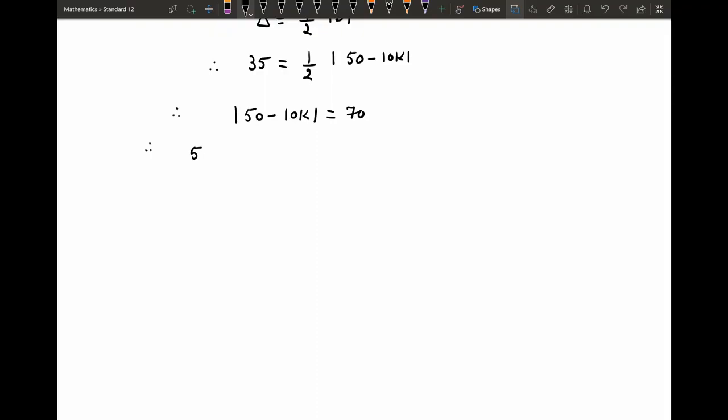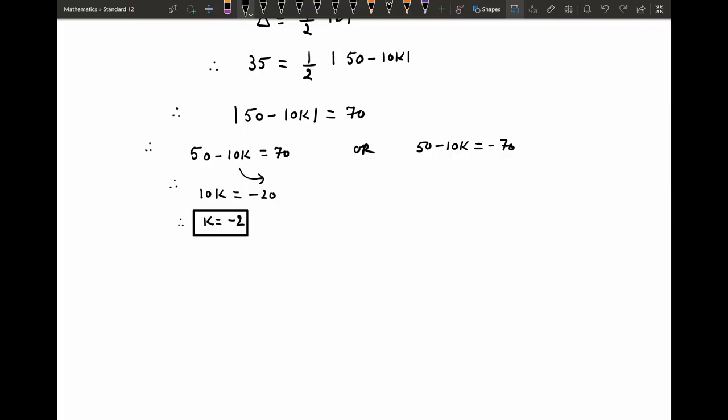When we remove the modulus, we have to take both possibilities, plus minus. So 50 minus 10k equal to 70, or 50 minus 10k equal to minus 70. Transferring this term, 10k equal to 50 minus 70, so minus 20. From this we get k equal to minus 2. This is one possibility.